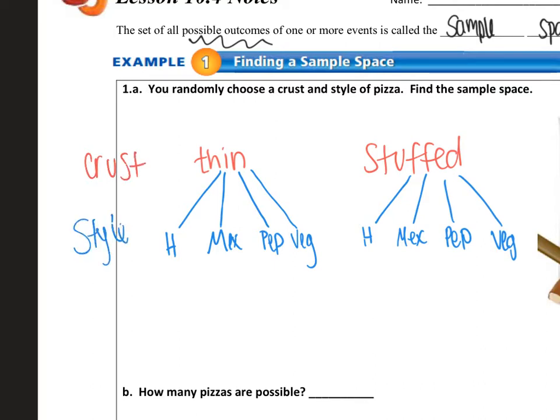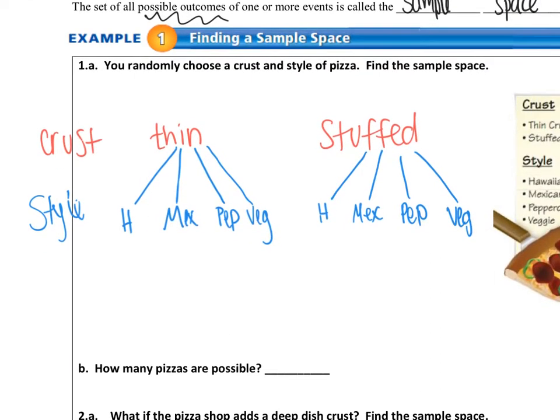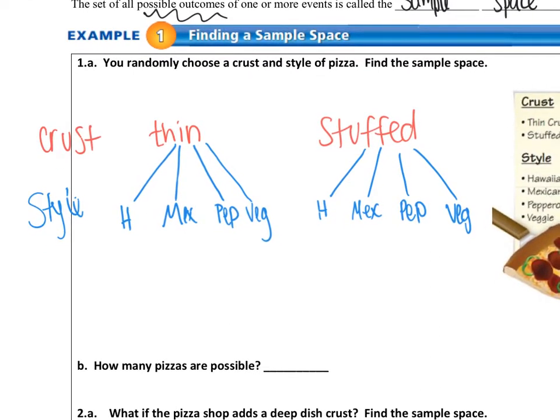Okay, so now that we made this tree diagram, we can name the sample space. Okay, so by doing that, we are listing off all the different types we can have. So we could have a thin crust Hawaiian, a thin crust Mexican, a thin crust pep, or a thin crust veggie.